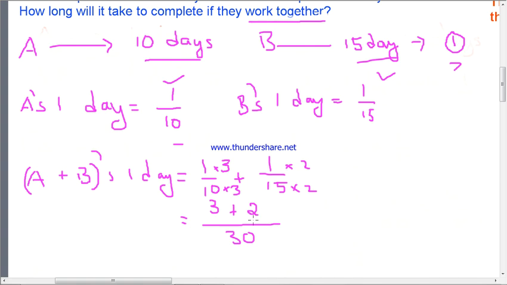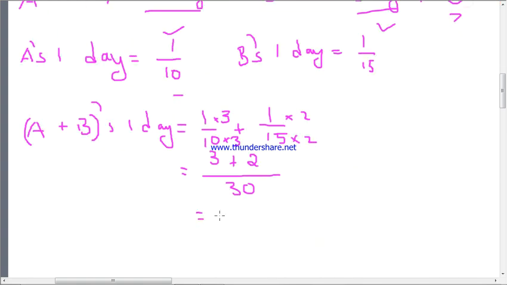So you'll be left with 3 plus 2 is equal to 5 by 30, which can be simplified further. 5 1s are 5, 5 into 6 equals 30. So therefore the answer is 1 by 6.